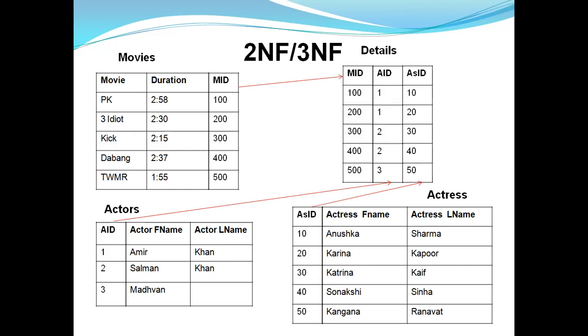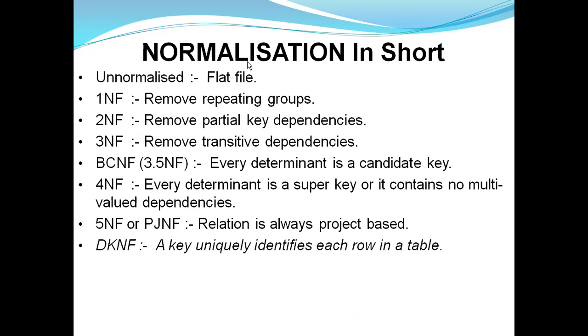Clear? Okay. Now let's talk about normalization in short. First, unnormalized. What is unnormalized? Flat files. 1NF, what to do in it? Remove repeating groups. These one-liners are very easy to remember. 1NF, remove the repeating groups. 2NF, remove partial key dependency.